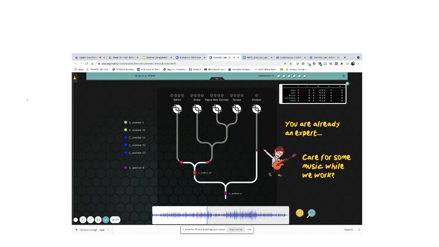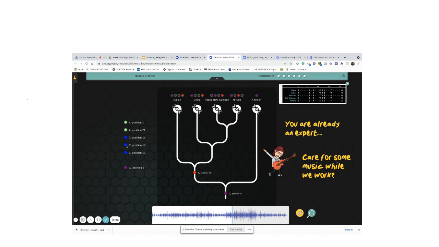Looking at the DNA chart that we have right here, it seems that Italian and Papua New Guinean have two lines that have a C on position 12, whereas Dinka and Yoruba have a G in position 12.